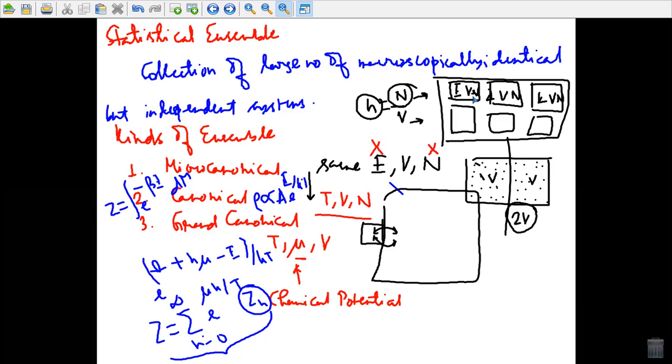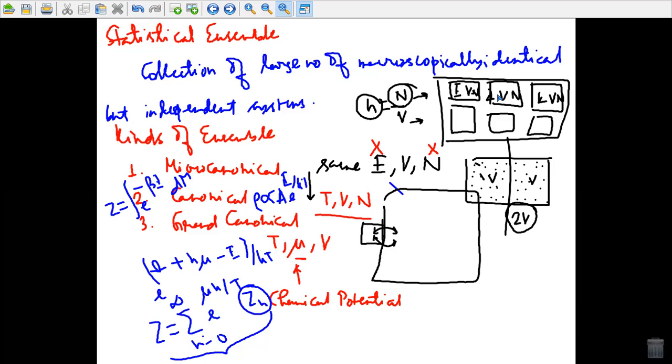The individual systems of a microcanonical ensemble are separated by rigid, impermeable, and well-insulated walls such that the values of E, V, and N for a particular system are not affected by the presence of other systems. So in the given macrostate, all the microstates have the same energy, volume, and number of particles.